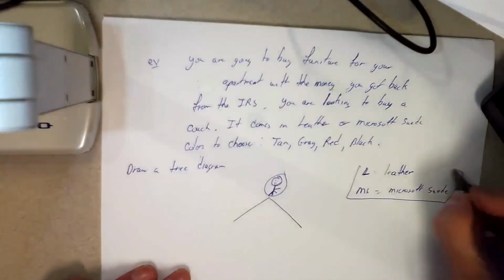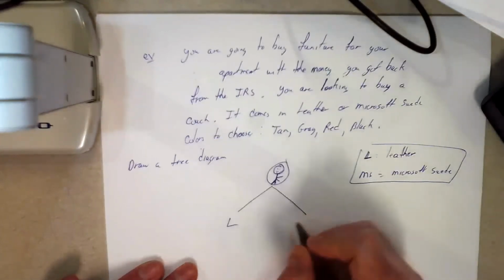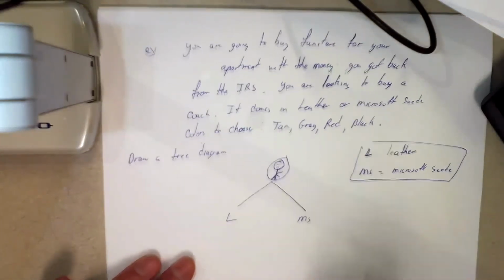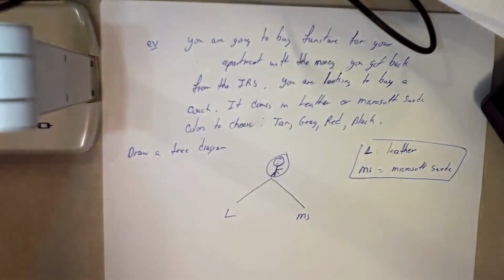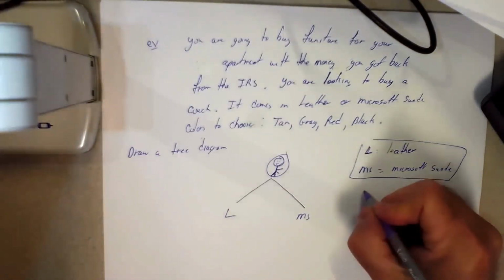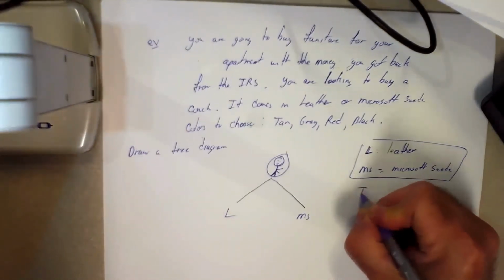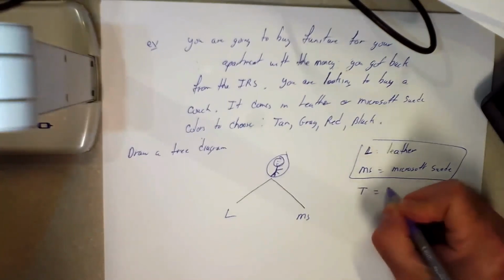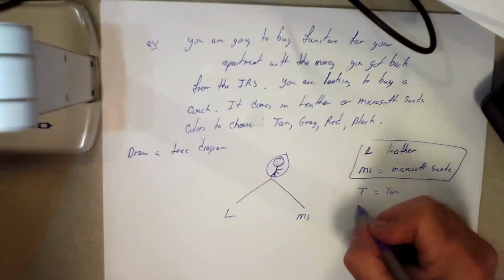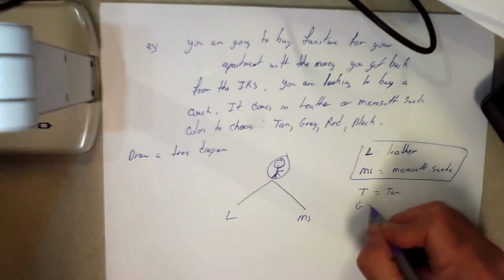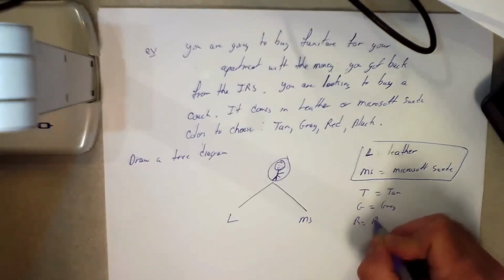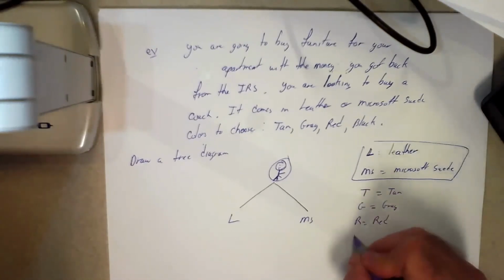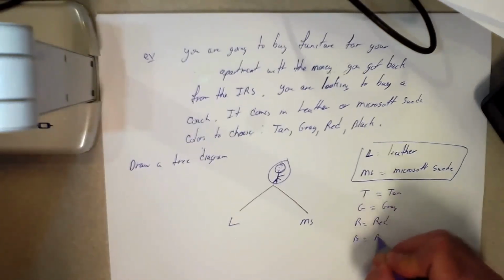There's one legend, right? So I'm gonna put L and MS. And I'm gonna do a legend for the colors. I'm gonna use T for tan, G for gray, R for red, and B for black.